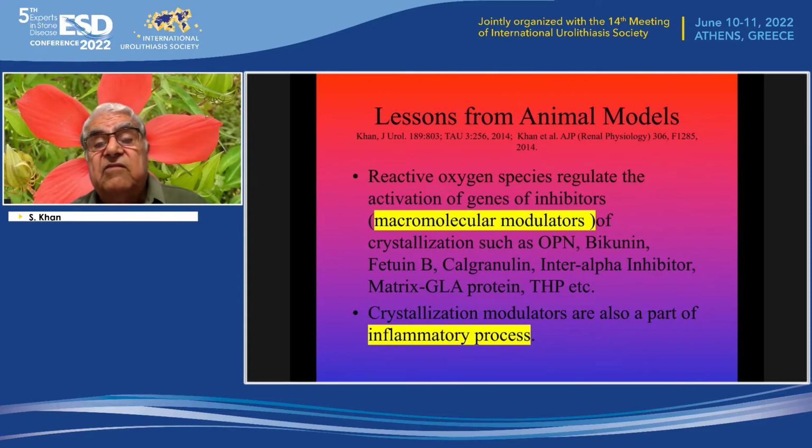We studied it and have published in a number of articles that reactive oxygen species regulate the activation of genes of inhibitors, macromolecular modulators of crystallization such as osteopontin, bikunin, fetuin, calgranulin, inter-alpha inhibitor, matrix Gla protein, and Tamm-Horsfall protein, etc. Now, the important part here, and you heard David mentioning earlier, is that crystallization modulators, all those that I just mentioned, except maybe Tamm-Horsfall protein, which is questionable, are also a part of the inflammatory process.